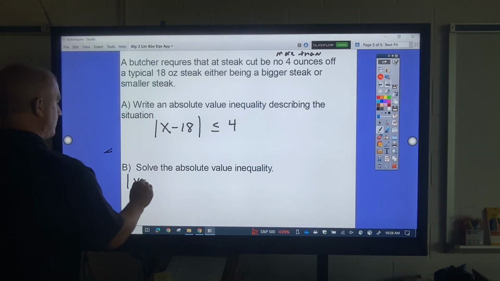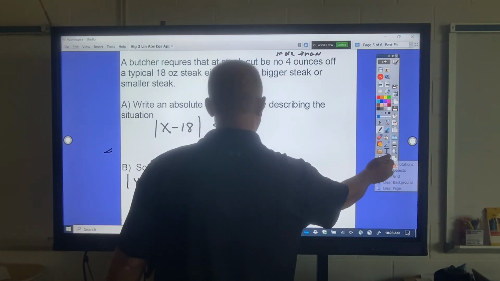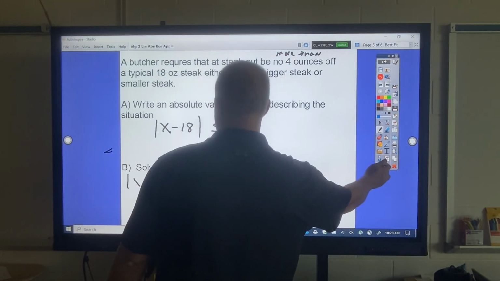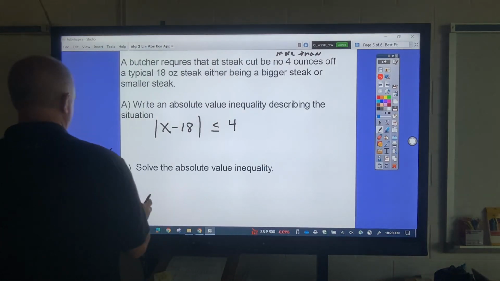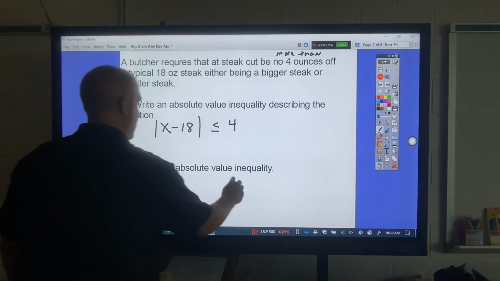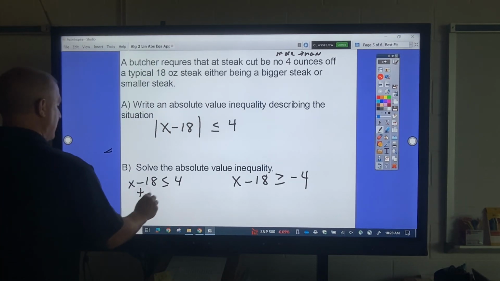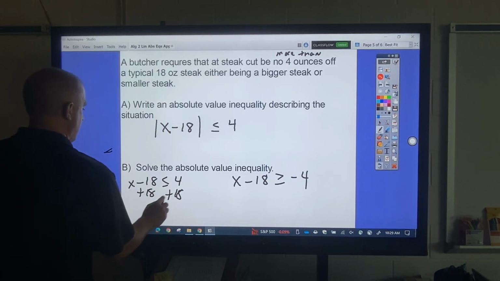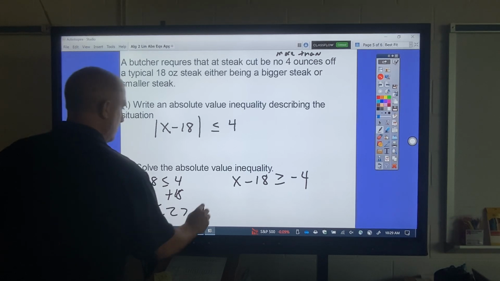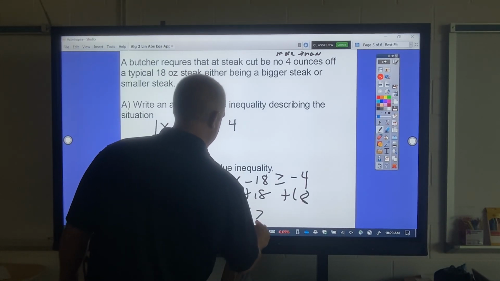So I'd have x minus 18 less than or equal to 4, and x minus 18 greater than or equal to negative 4. Add 18: x is less than or equal to 22, and x is greater than or equal to 14.